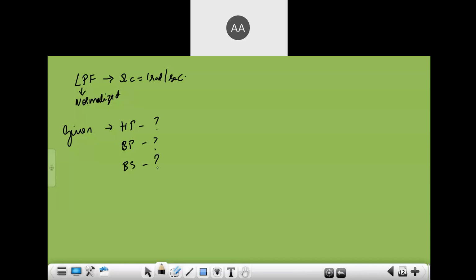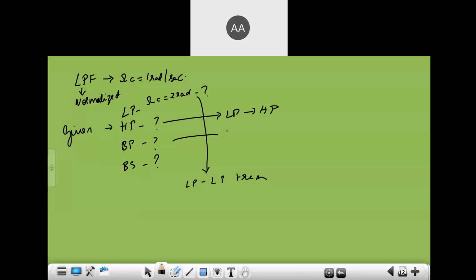And even if it is a low pass filter of some other cutoff frequency, say 2 radians per second, what will you do? The transformation that you will be doing is a low pass to low pass transformation in the first case. In the high pass case, you will do low pass to high pass transformation, or low pass to band pass transformation, or low pass to band stop transformation.